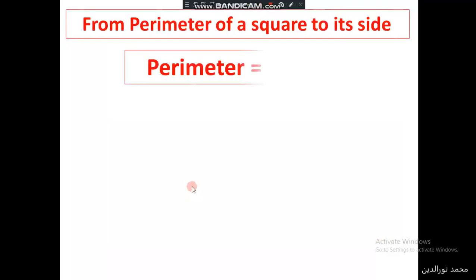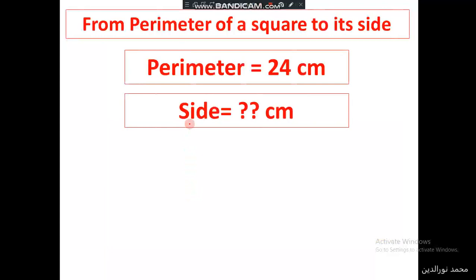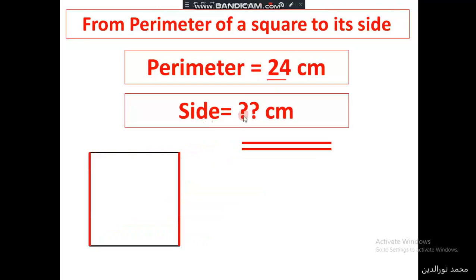From perimeter of a square to its side. So if we have a square, its perimeter is 24 centimeters and we want to find the length of its side. As we notice here, the sides have equal length and we have 4 sides that have the same length.